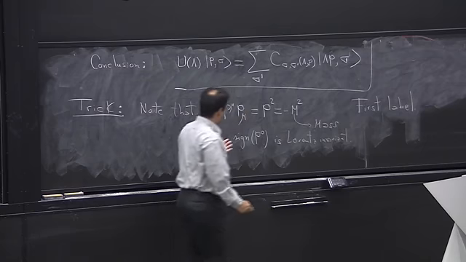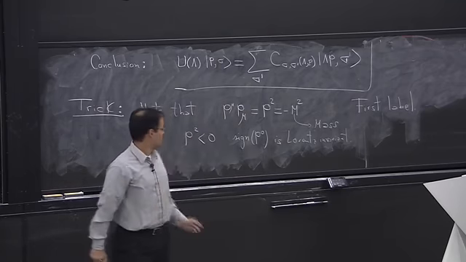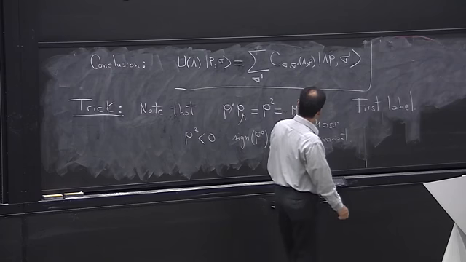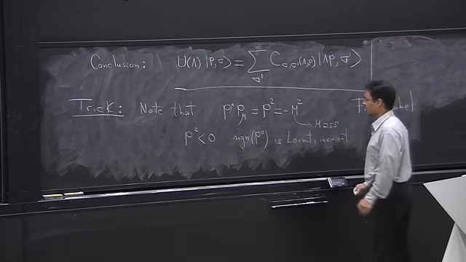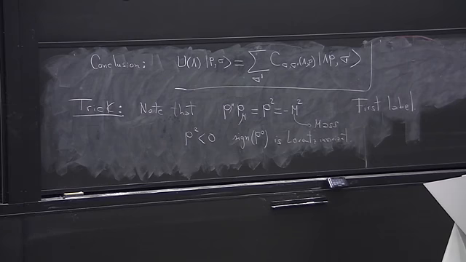Therefore, we can also classify particles by the sign of P0. Okay? So these are the two things we have at hand, which are very easy to pinpoint. Okay, so let's see.